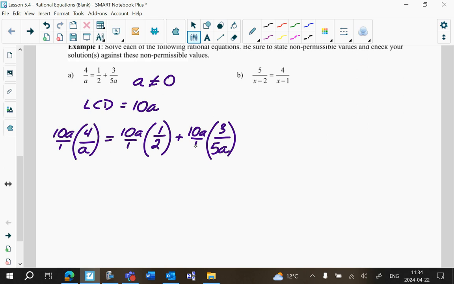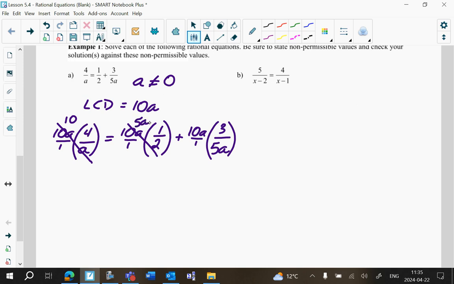The 10A will get rid of all the denominators. What's 10A over A? What's an easier way to say that? 10A divided by A. 10. What's 10A divided by 2? 5A. What's 10A divided by 5A? 2.